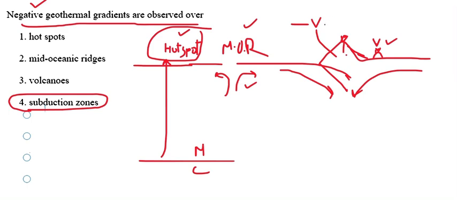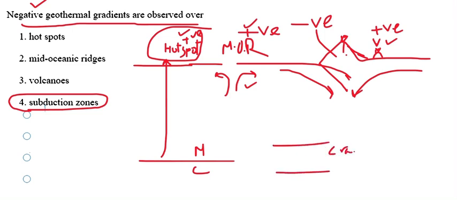Here we are getting positive, mid-oceanic ridge positive, hotspot positive, and geothermal gradient is also low in the cratons, cratonic, as compared to other parts of the plates.